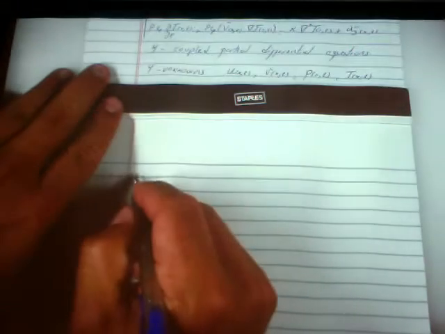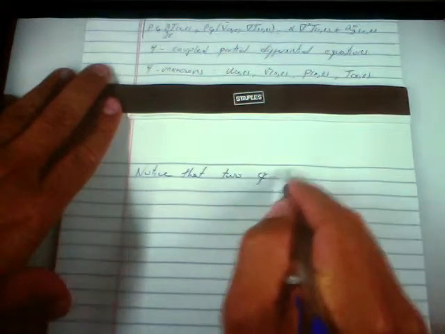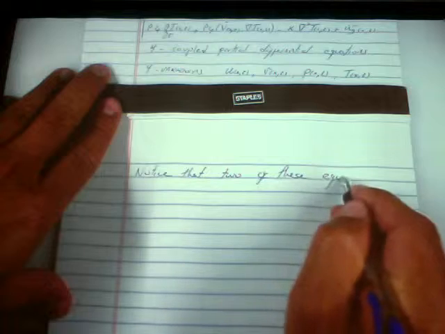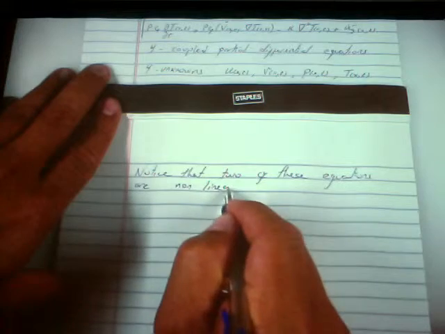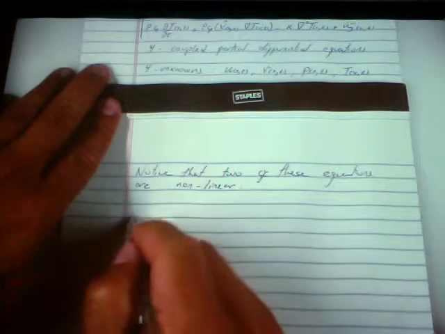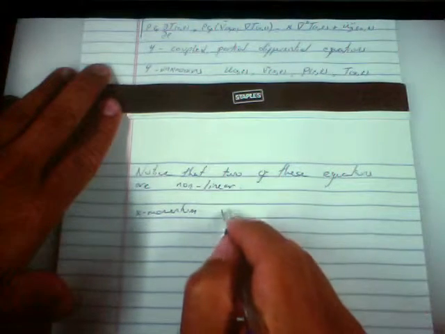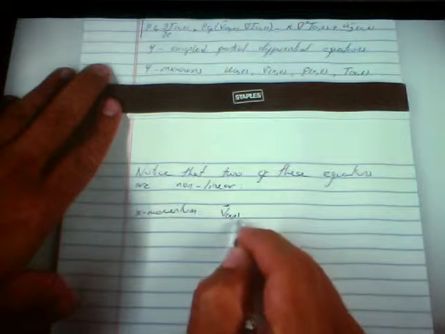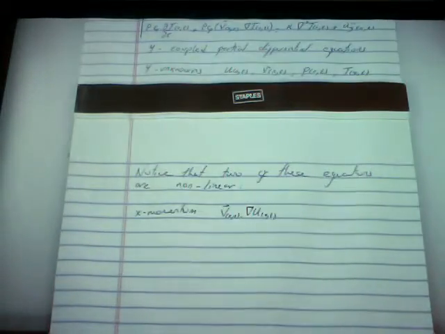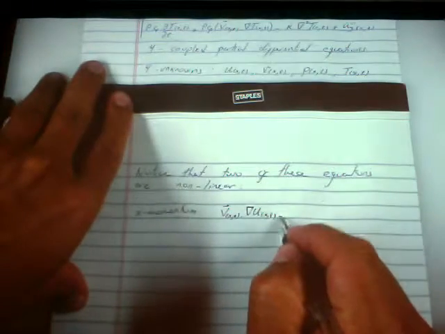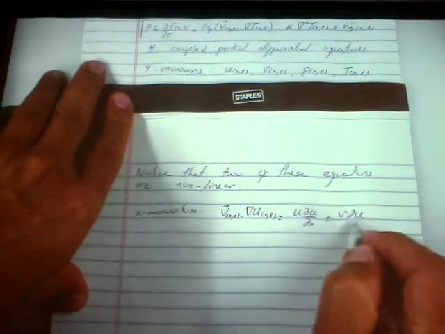notice that 2 of these equations are nonlinear. So x momentum, notice the term V dotted into grad U. That's the Lagrange derivative of U. That one looks like U du dx plus V du dy.